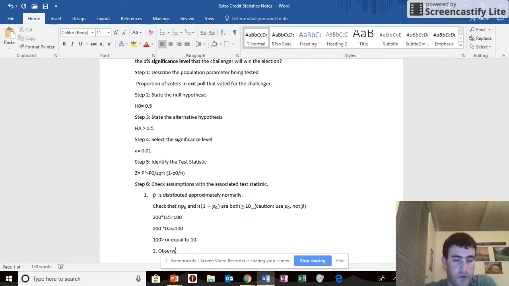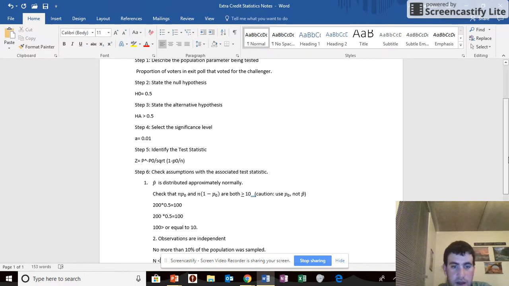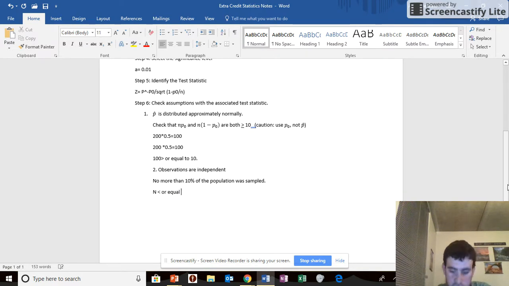For this, we have to make sure that no more than 10% of the population was sampled. So n has to be less than or equal to 0.1 times the population size.